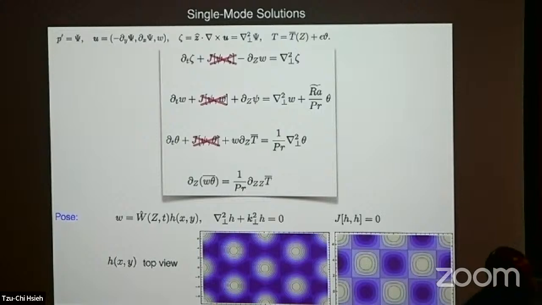This is very straightforward to show. You can pose an ansatz of a separable solution for all the variables, but here's one for W. We can see that this H is going to satisfy what we call a planform equation, a separability equation.